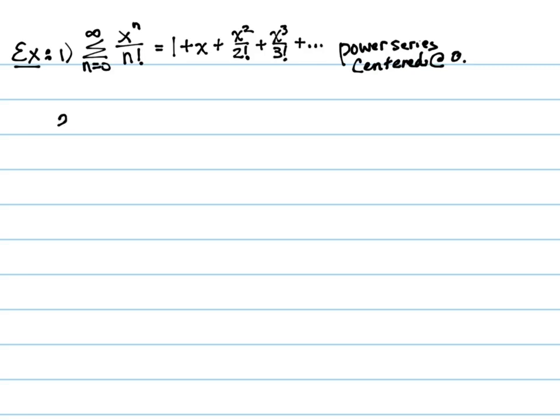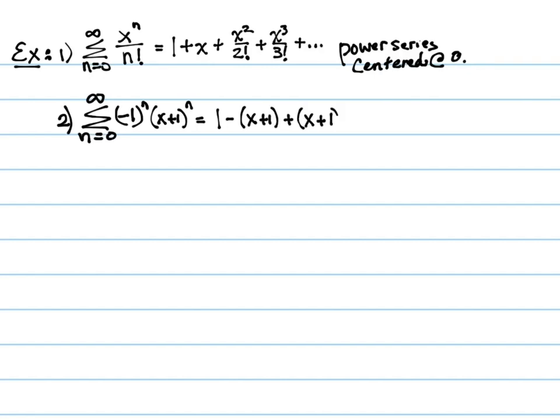If we looked at one that was centered somewhere else, let me give you one example. Still n equals 0 to infinity, and we'll go with an alternating one: negative 1 to the n times x plus 1 to the n. So term by term, I'd have 1, then minus x plus 1, then plus x plus 1 squared, then minus x plus 1 cubed, and so on.